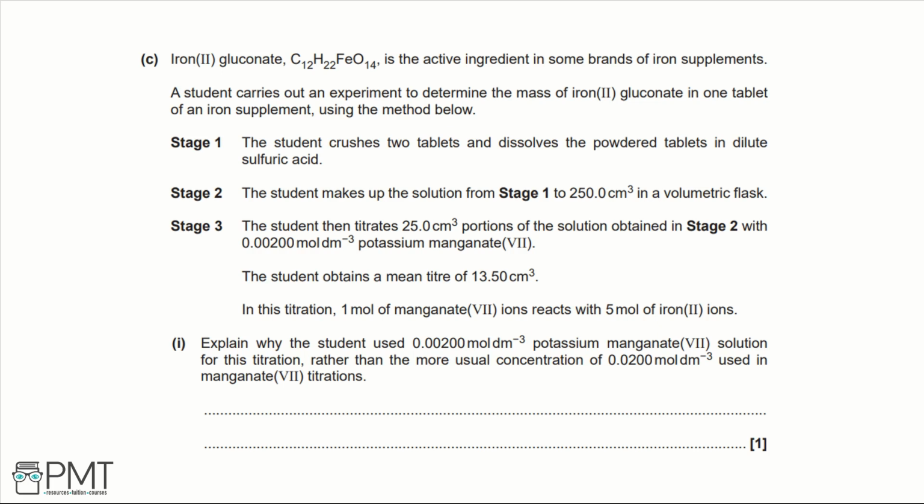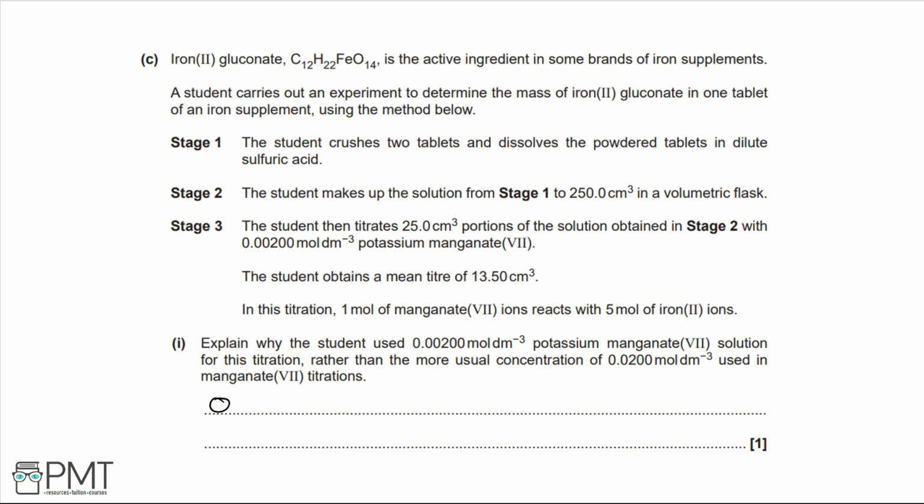In this titration, 1 mole of manganate(VII) ions reacts with 5 moles of iron(II) ions. Part 1. Explain why the student used 0.00200 mol per dm³ potassium manganate(VII) solution for this titration, rather than the more usual concentration of 0.0200 mol per dm³ used in manganate(VII) titrations.